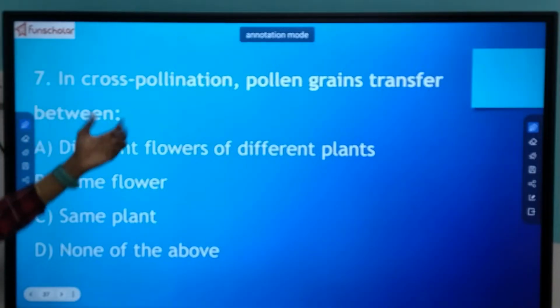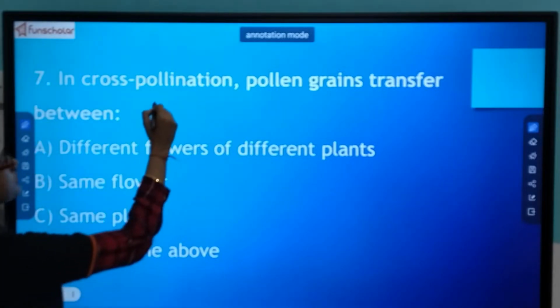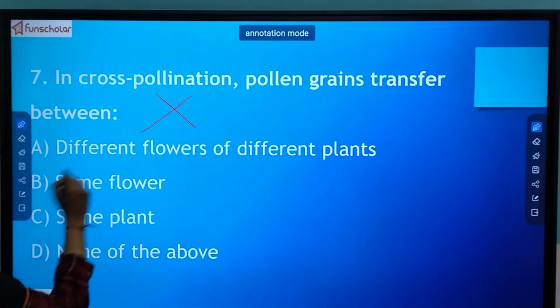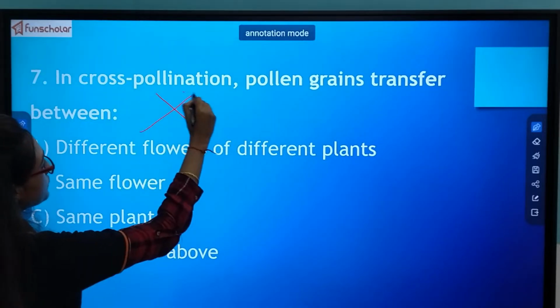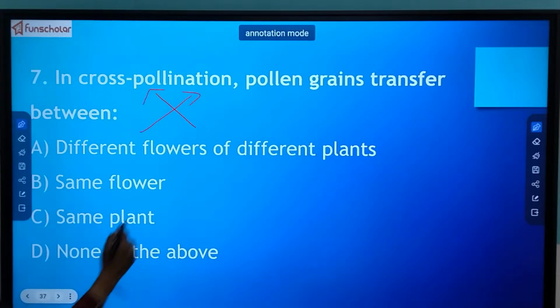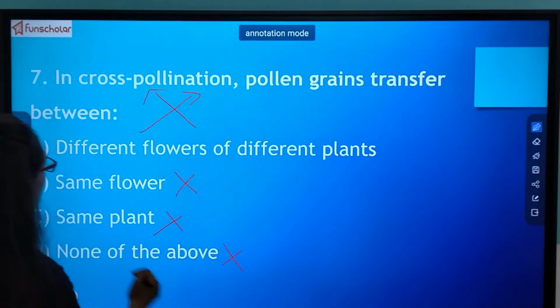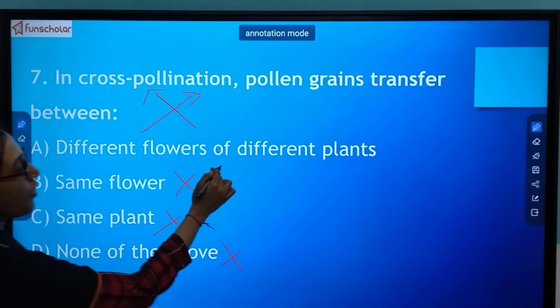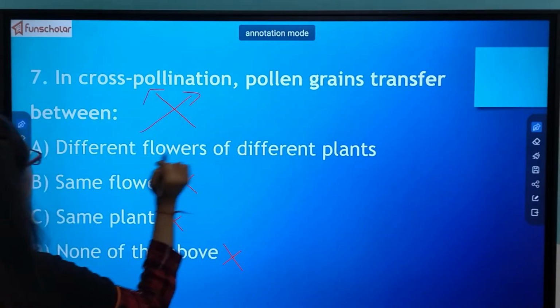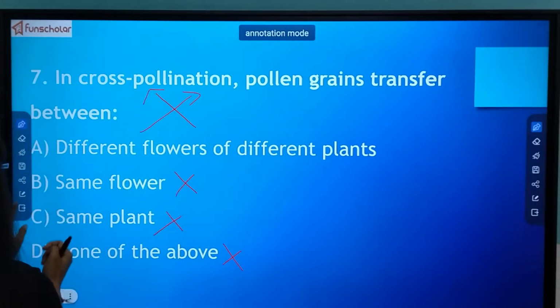In cross pollination, pollen grains are transferred between. Cross means what? Like this. So from here to here, from here to here. So same flower? No. Same plant? No. None of this? No. Different flowers of different plants?